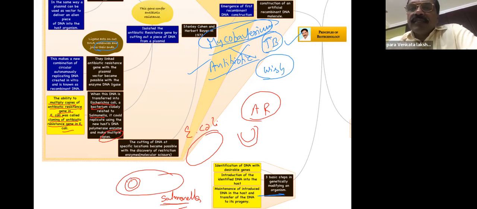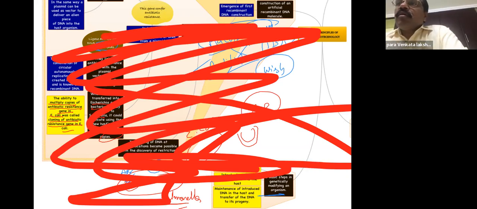And from this, there is one gene called the antibiotic resistance gene, and this was isolated by using the restriction enzymes.